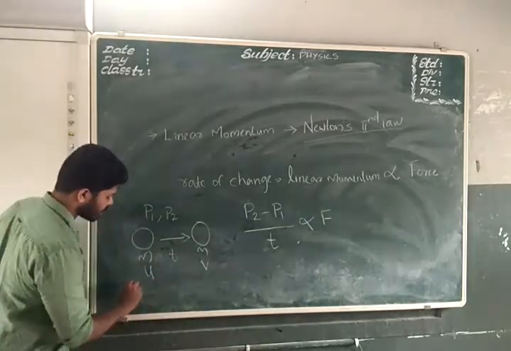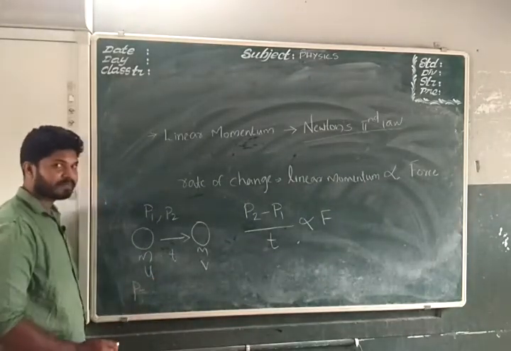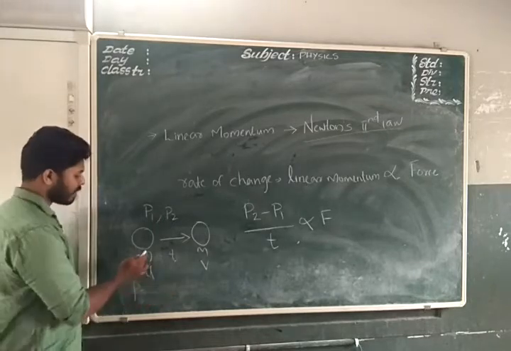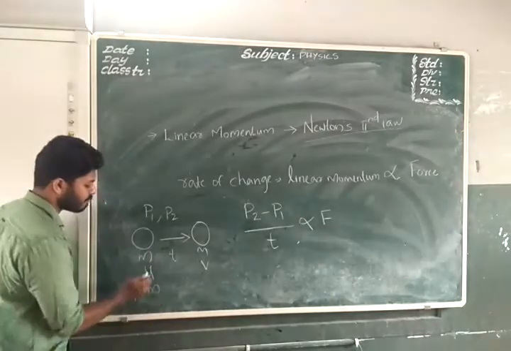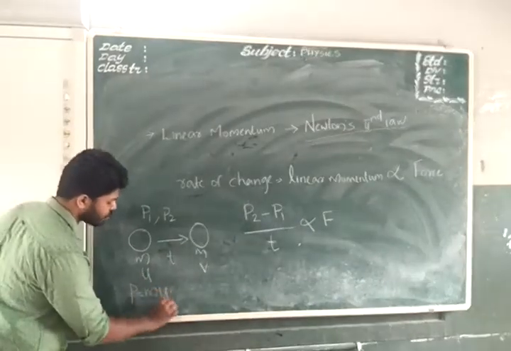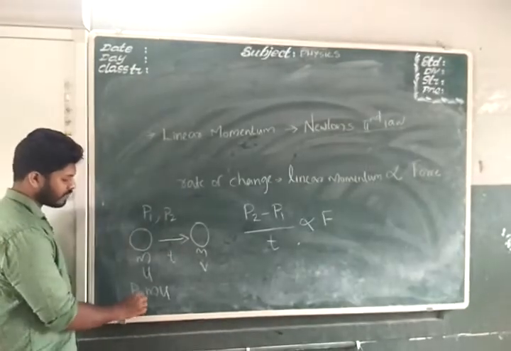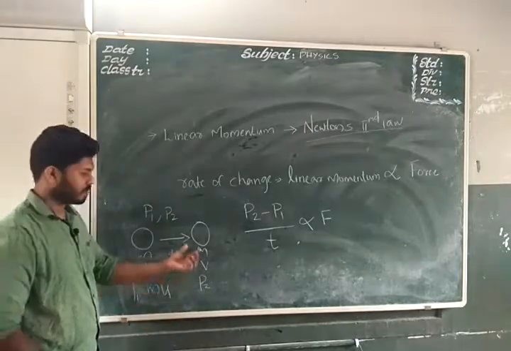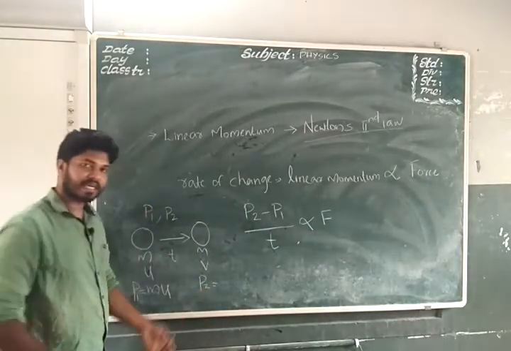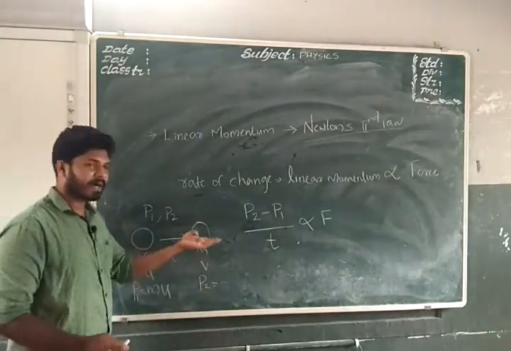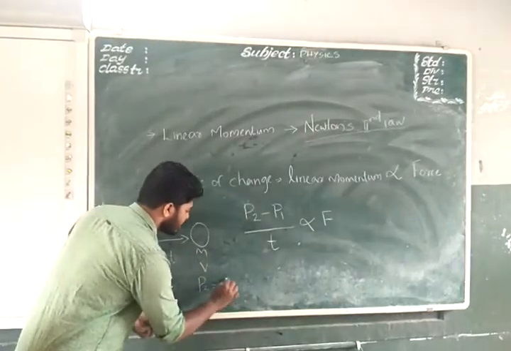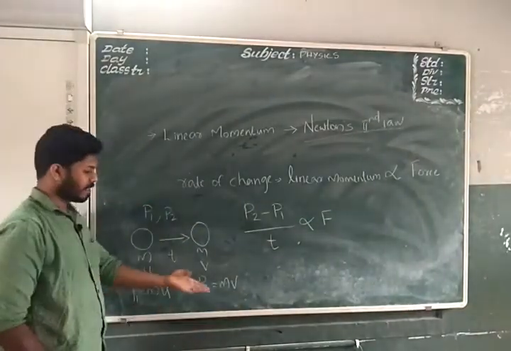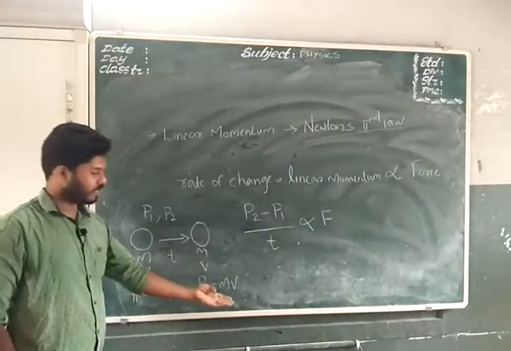What is the momentum here? The equation of momentum is m into v. m is m here, v is equivalent to u. So p1 is equal to mu. Now the final momentum: again the equation for linear momentum is mass into velocity. Here mass is m, velocity is v, that is mv. mu here, mv here.